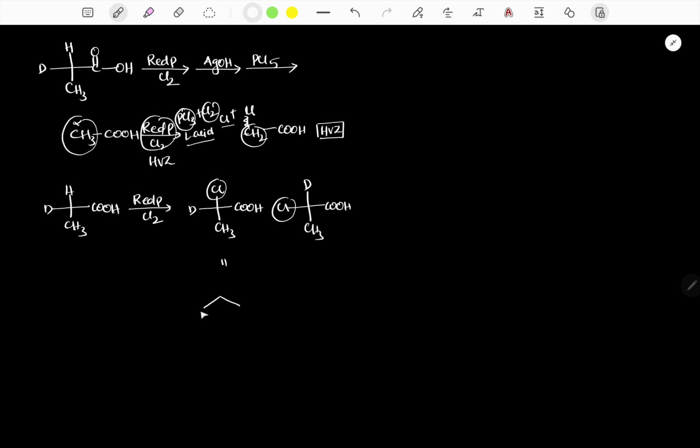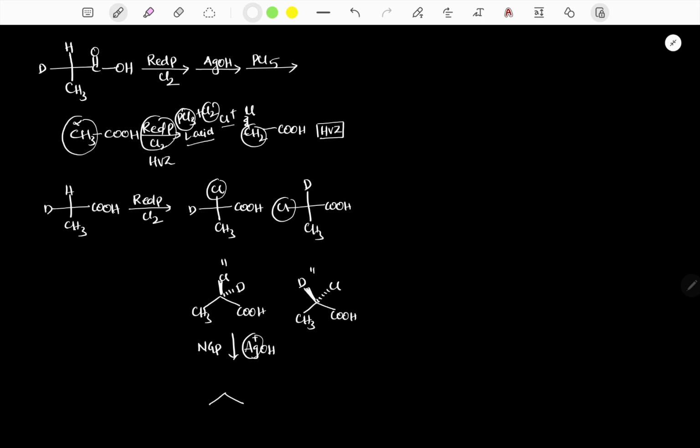So these compounds can be written simply. For example, this compound: CH3, COOH, above the plane Cl, below the plane deuterium, and this compound: CH3, COOH, below the plane chlorine, above the plane deuterium. Now it is treated with AgOH. In the presence of Ag plus, it undergoes NGP mechanism.